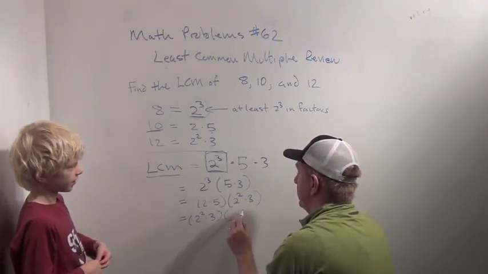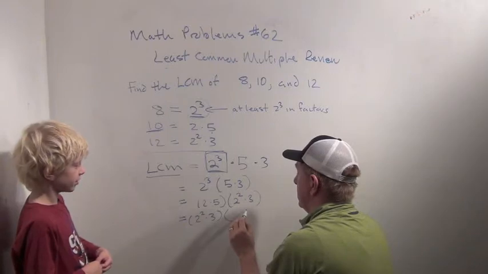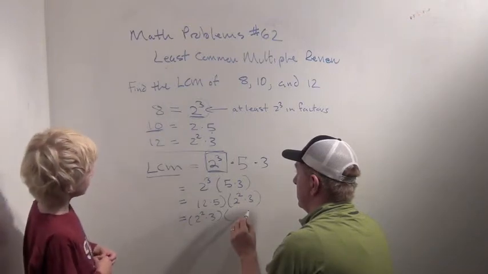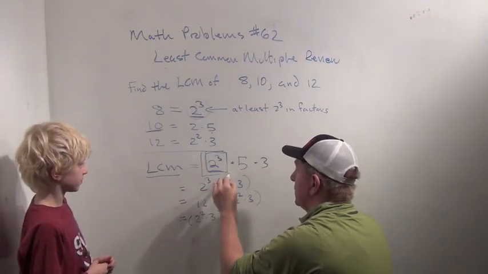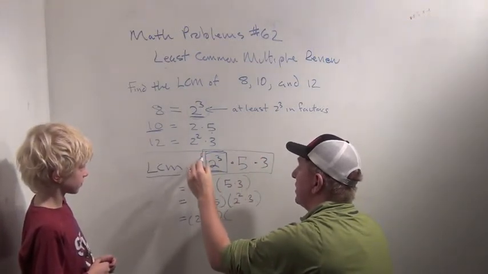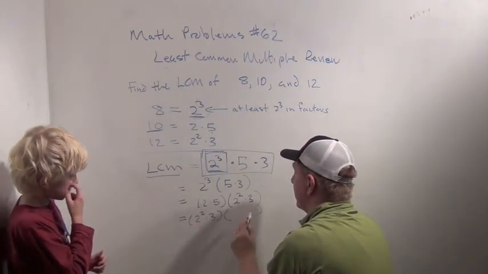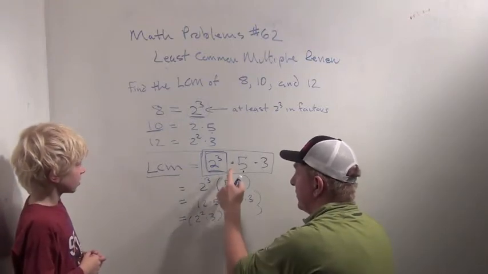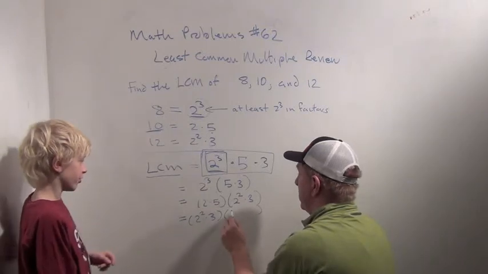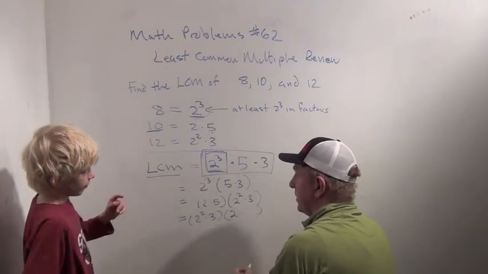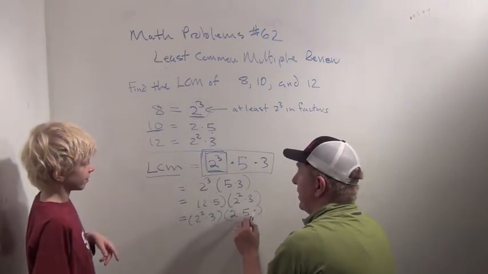Times 5. Well, this number here is 2 squared times 3, and then what's left after I do the 2 squared? What's left in this number? 1 2 and 1 5.